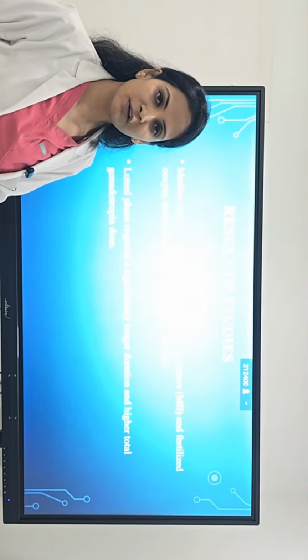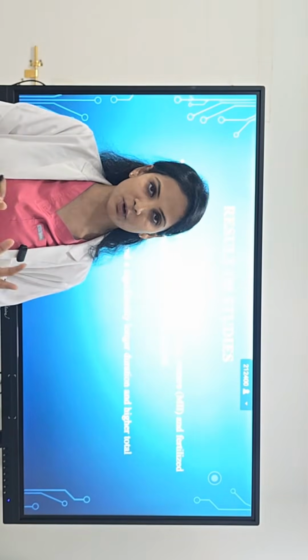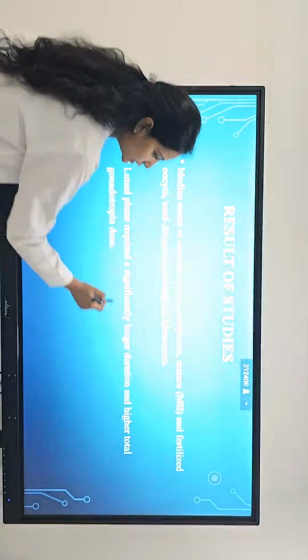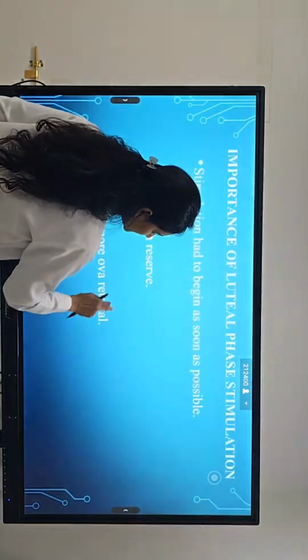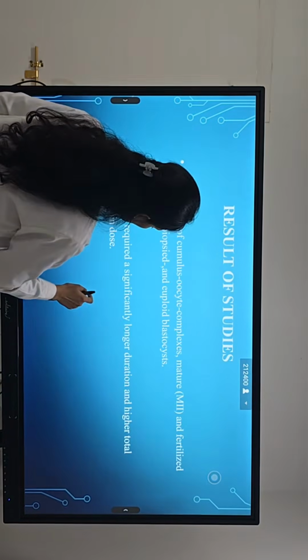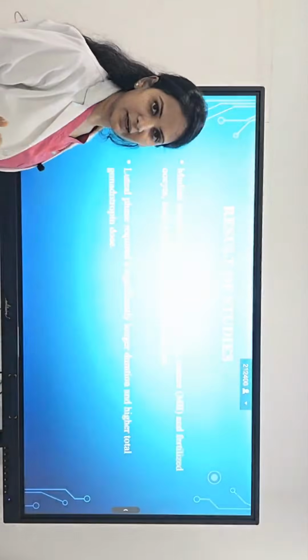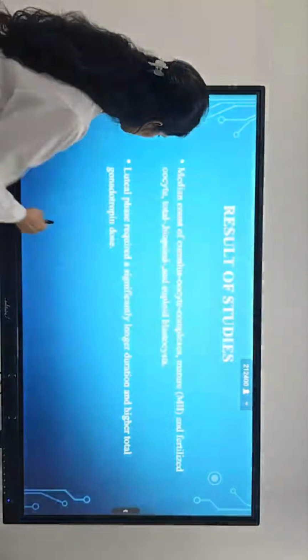Whatever we got in the follicular phase, we got the same quality and same number in the luteal phase. The minute difference is that the duration was longer and the dose was slightly higher than in the follicular phase.